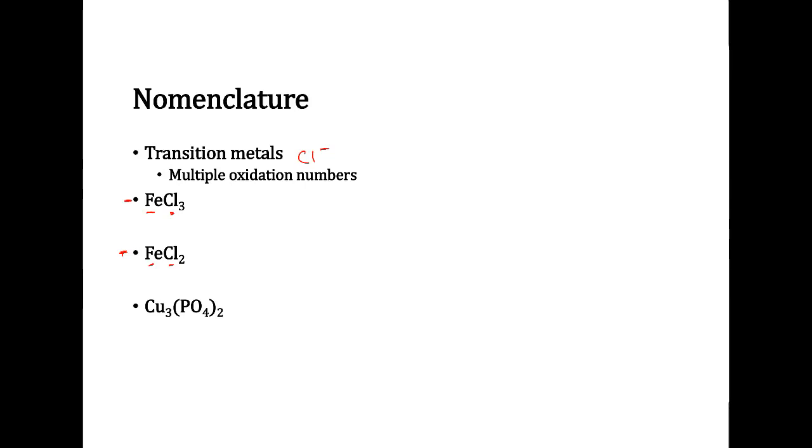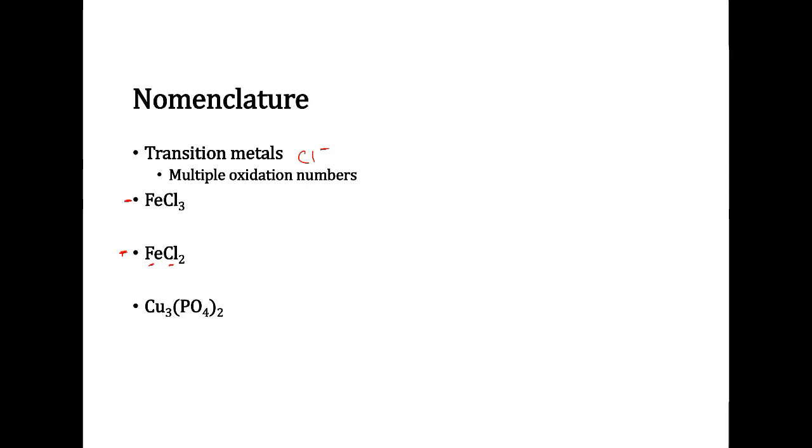Okay, so what we're going to do is work backwards from what we've been doing whenever we're looking at the binary inorganics, where we would do the swap, drop, and simplify. So we tend to work backwards here, and some former students will call this the swap, hop, and multiply.